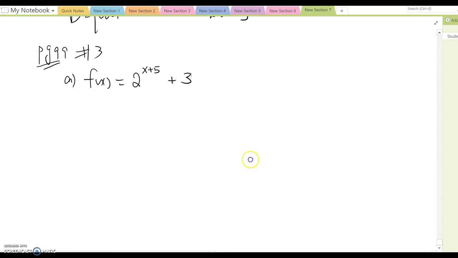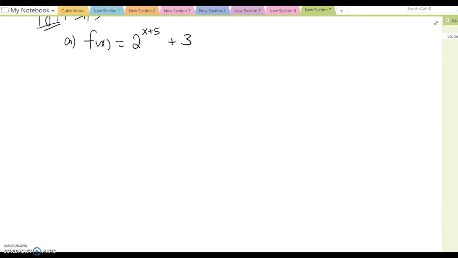So the last time we talked about functions, exponential function transformation. In this case, we have 2 to the x plus 5 power here. So I temporarily hide this number, so assume we don't have this one. So we have only 2 to the x plus 5 power.